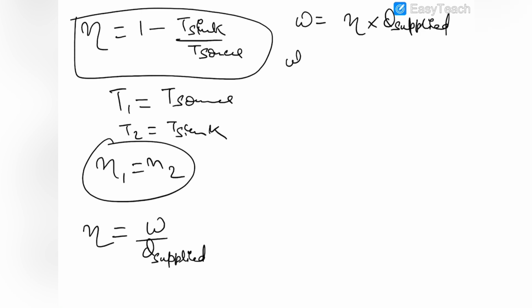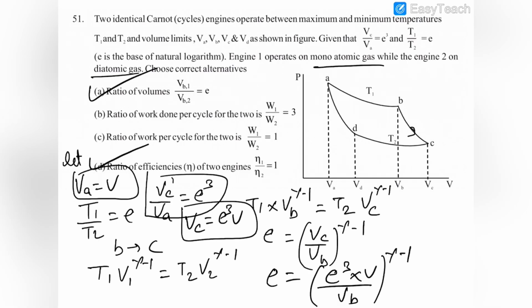So work done W1 by W2 will be equal to eta 1 by eta 2, which is the same, times Q supplied 1 upon Q supplied 2. We always know in a Carnot engine that heat is supplied only in the process AB, which is isothermal expansion. In no other process is heat supplied to the system, so we just need to calculate the heat supplied in this process.